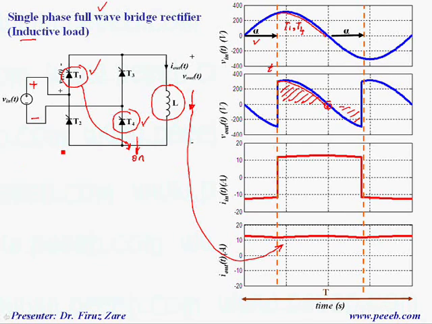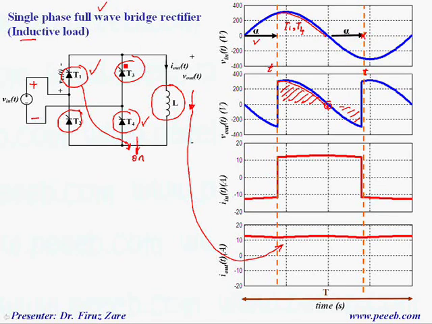So now in the second half cycle, just at this firing angle, we turn on T3 and T2. So what happens? Because the input voltage is negative, T1 and T4 conducted because of the load current, which is continuous and positive.